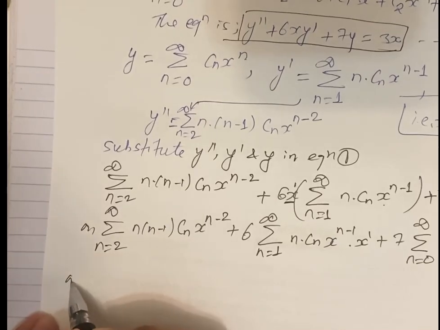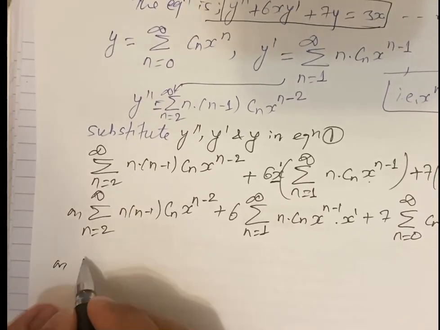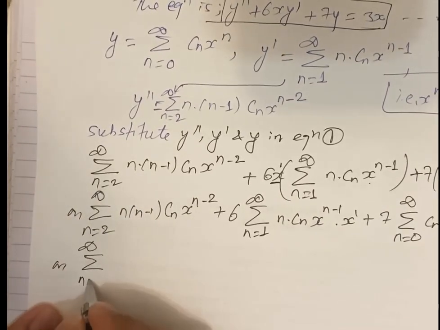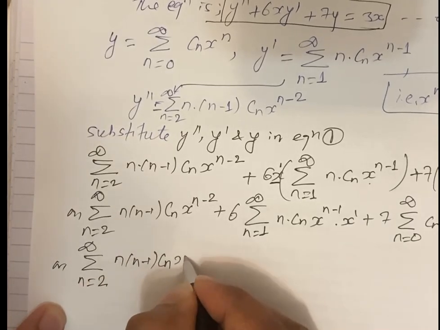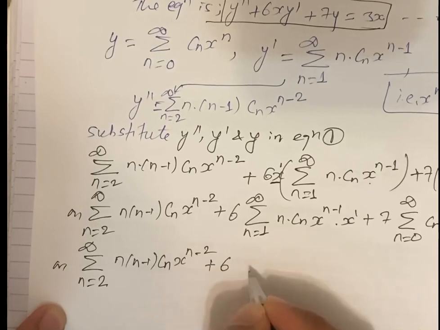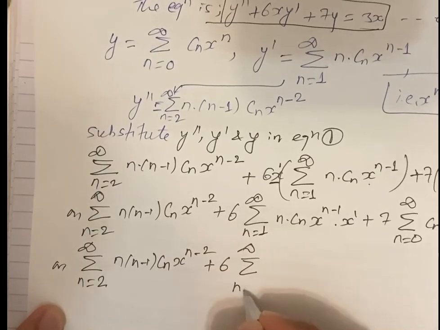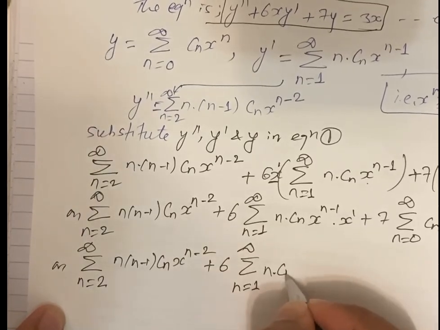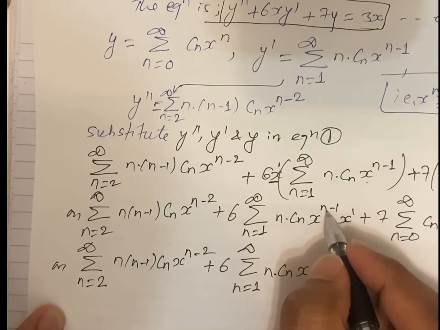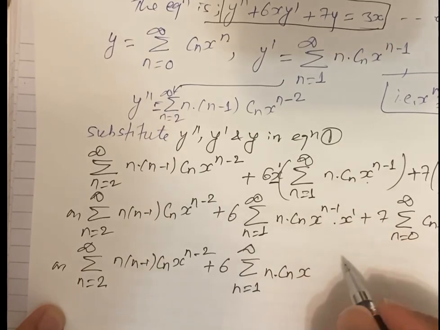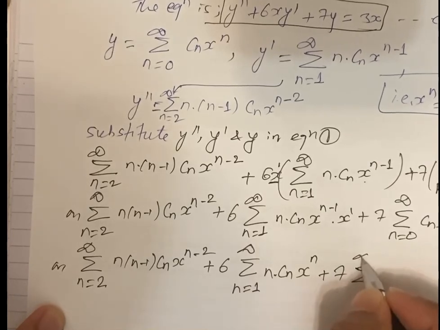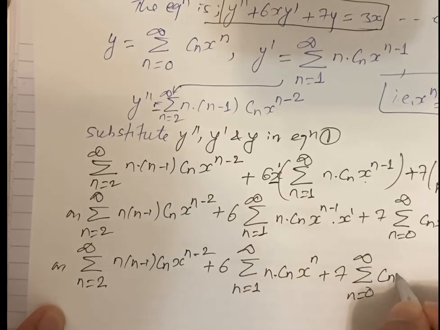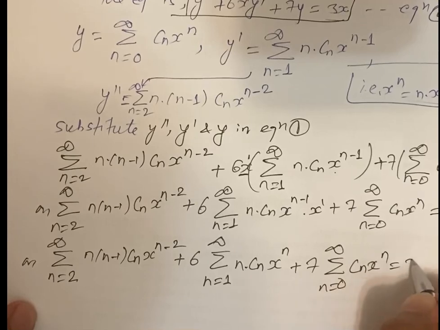Combining the powers of x, x to the power n minus 1 times x gives x to the power n. So we get the sum from n equals 2 to infinity of n into n minus 1 Cn x to the power n minus 2, plus 6 times the sum from n equals 1 to infinity of n Cn x to the power n, plus 7 times the sum from n equals 0 to infinity of Cn x to the power n, is equal to 3x.